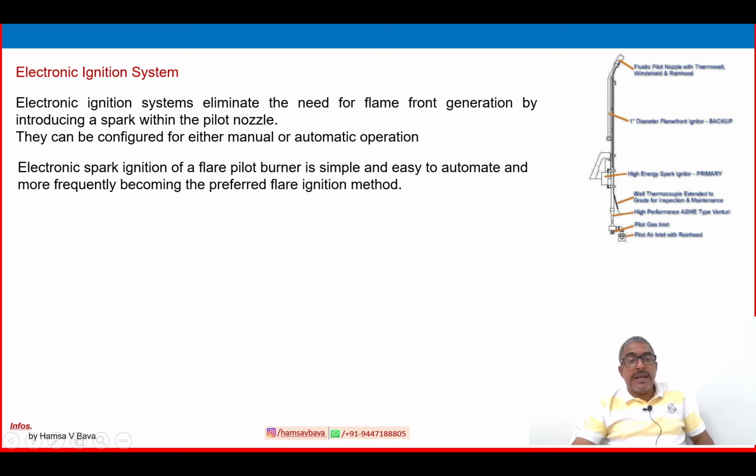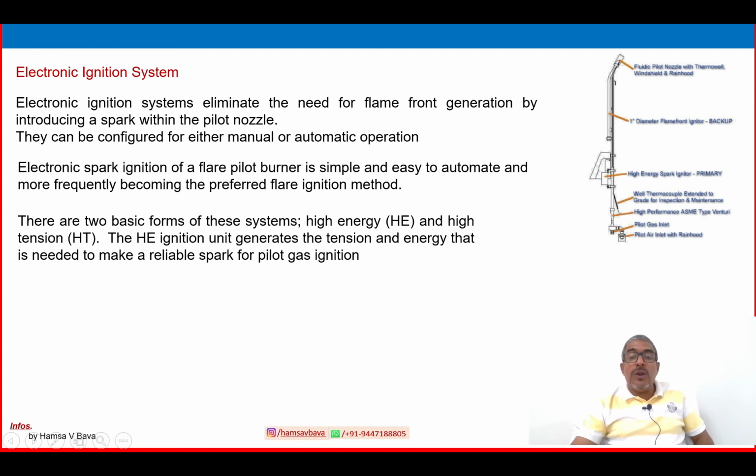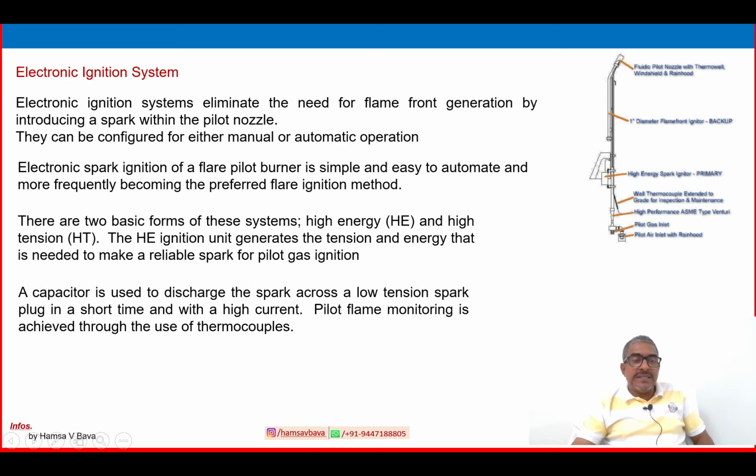Electronic spark ignition of a flare pilot burner is simple and easy to automate, and is more frequently becoming the preferred flare ignition method. There are two basic forms of this system, high energy and high tension. I am not discussing that in detail. A capacitor is used to discharge the spark across a low tension spark plug in a short time with a high current. Pilot flame monitoring is achieved through the use of thermocouples.